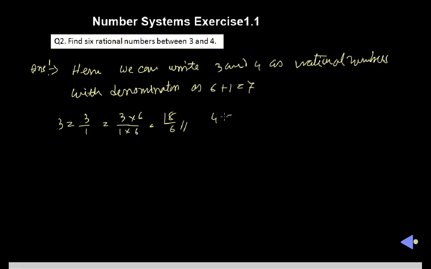That means 4. 4 can be represented as 4 divided by 1. So again 4 by 1 multiplied by 6, sorry, not 6, here is a mistake, I have wrongly put it here. Actually it should be 7. So I have to erase those 6.